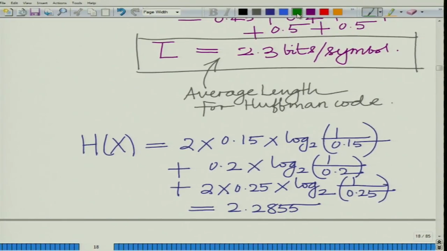So this is the lower bound from the entropy.